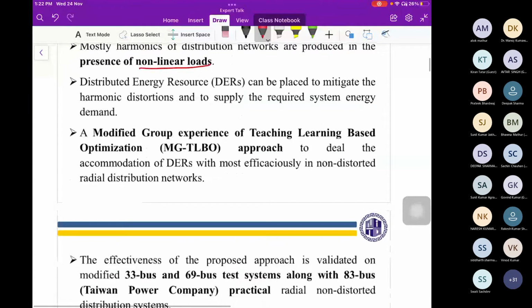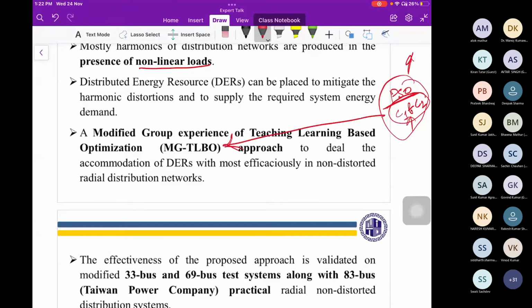In the previous study, the PSO algorithm had a problem, because it also has the constraints C1 and C2. So first of all, we require tuning of these parameters. After that, the algorithm gives the best solutions. So we can compensate with the help of this algorithm, the teacher learning based algorithm, TLBO.